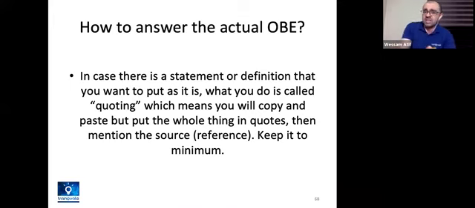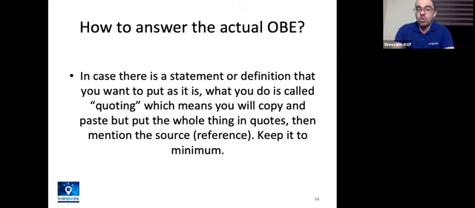In case there is a statement or a definition that you want to use as it is, in some situations, but keep this to a minimum, you may need to put something as it is. Maybe it's a definition or a statement that was said by a famous scientist. In this case, we call it quoting. This means that you will copy and paste, but you need to put everything in quotes, like inverted commas, and mention your source or reference to show that this is a quote.